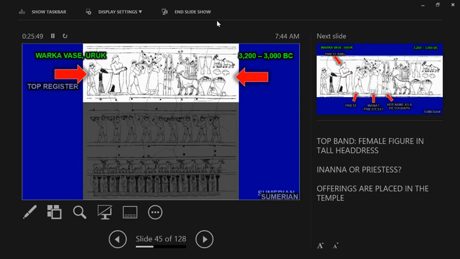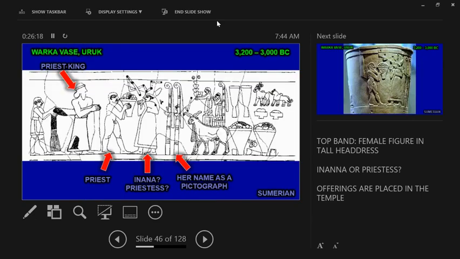And then if we look at the top of the vase, we have a female figure in a tall headdress. Art historians can't figure out if that is Inanna or if it is a priestess. And then the offerings are being placed in the temple. And a couple other things I want to show you guys. All right, so on the far left, that's the priest king.